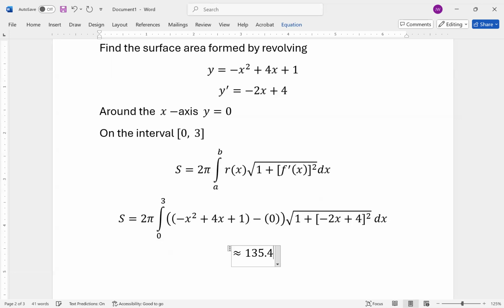If I do type it in, what I get is approximately 135.41. That's a little over 43.1 pi. So that's what I end up with. Doing this by hand would take quite a bit of time.